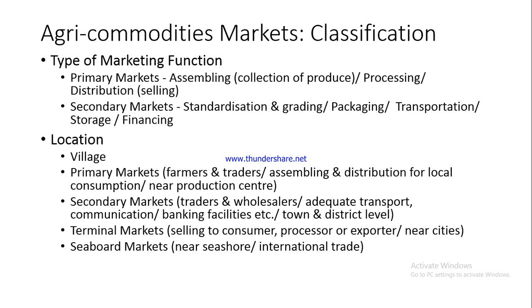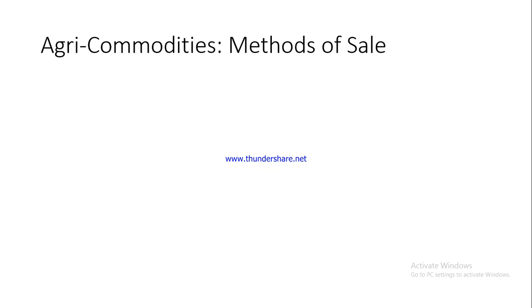Now that we have understood the different bases on which we categorize the agri-commodities markets, now let us have a look at the methods of sale which are adopted in the agri-commodities markets. So the first one is the private negotiation, wherein the sale takes place between two parties on the basis of private negotiation. So the market provides them a platform to interact.